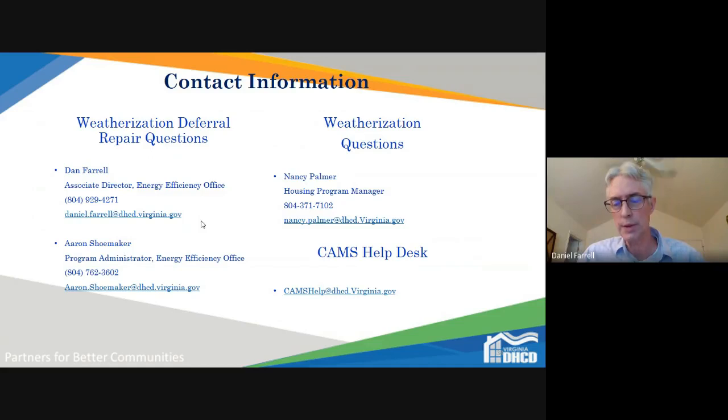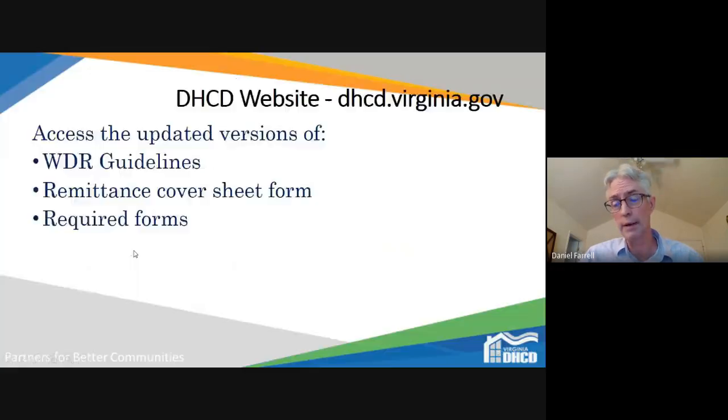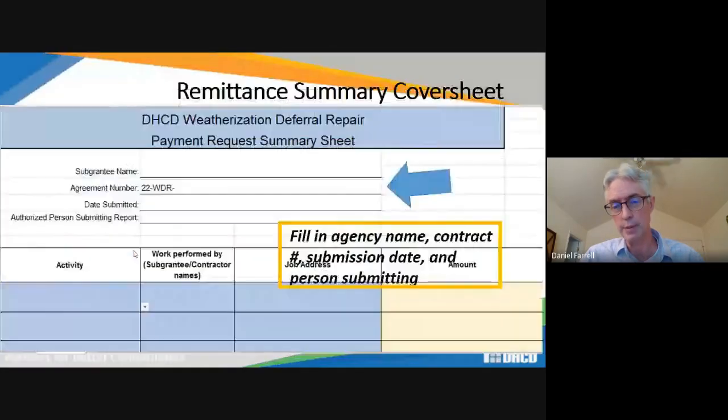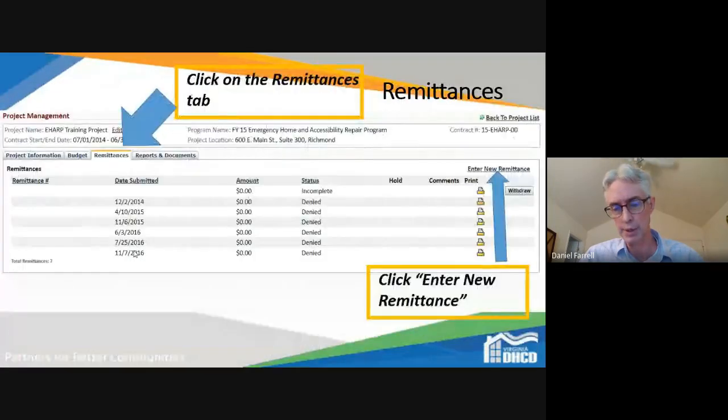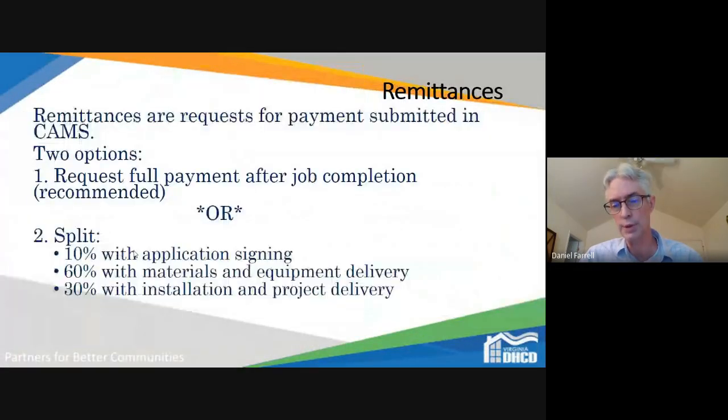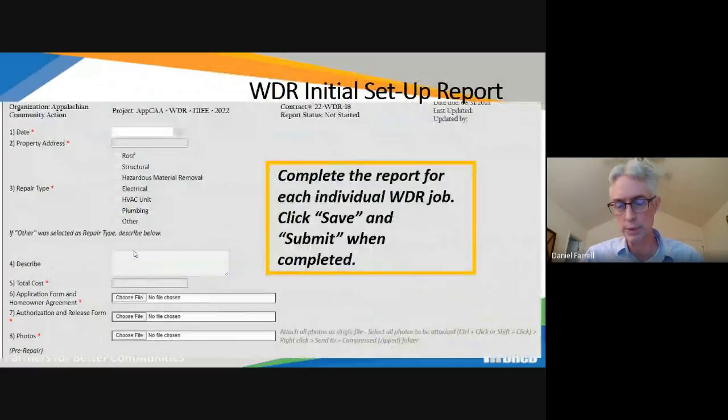You can set that project up and put it through. Under budget's a good thing. So again, you've got your budget that we've set up for you to work with, and you've got some flexibility within that budget to serve the homes that are deferred or that may become deferred throughout the program year.